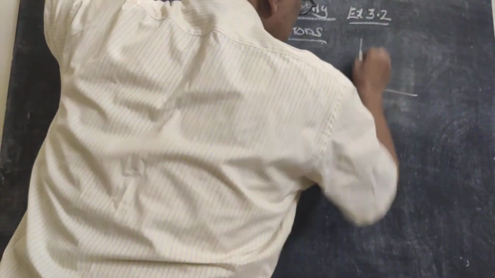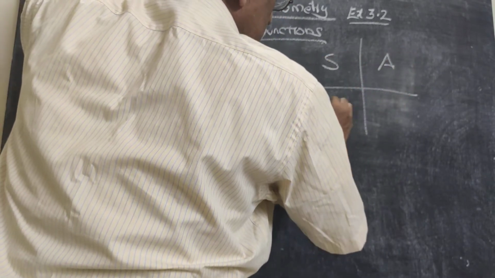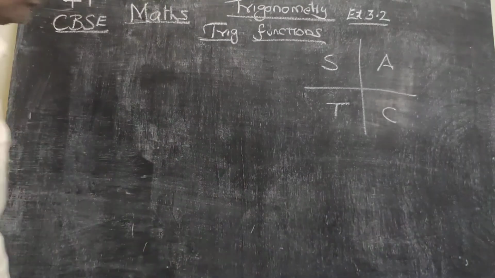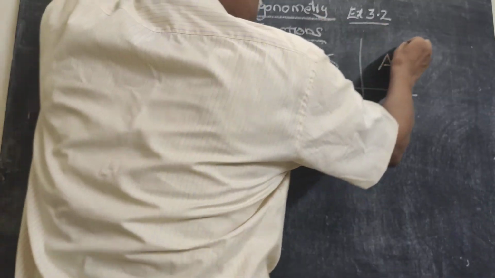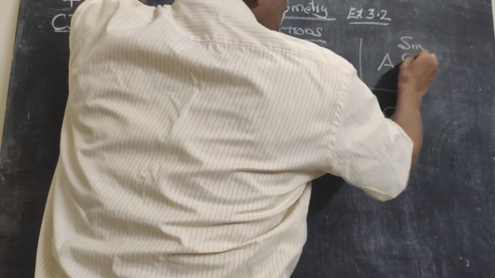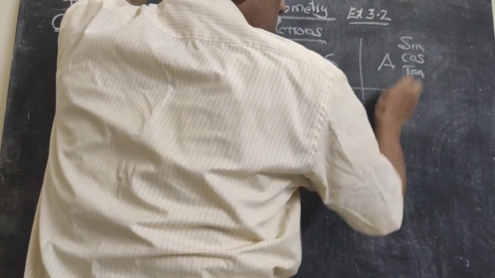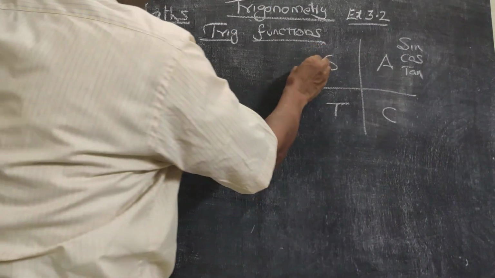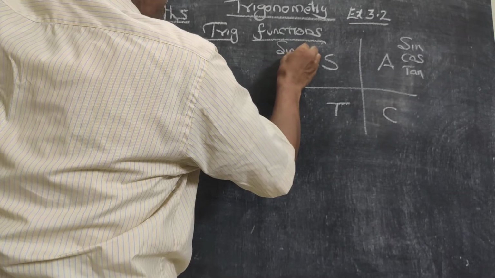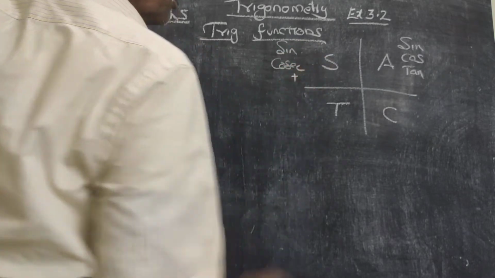For that, here in the first quadrant, all trigonometry functions, sine, cos, tan, and reciprocals also, are all positive. Here, the second quadrant, sine and its reciprocal, cosecant, are only positive.